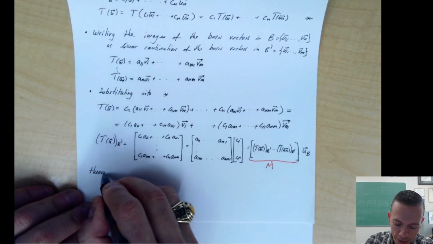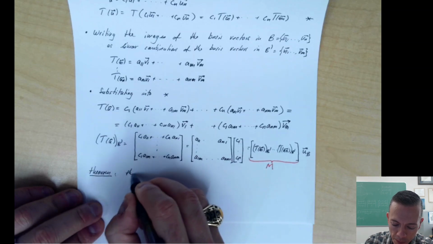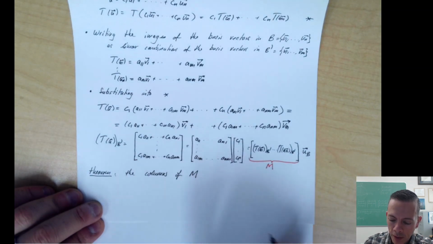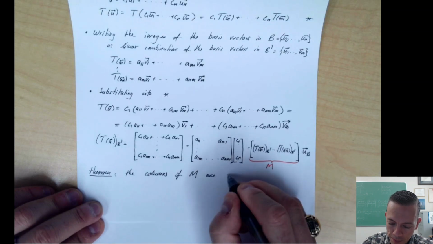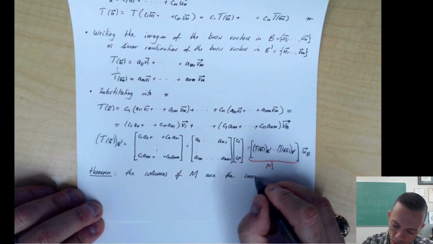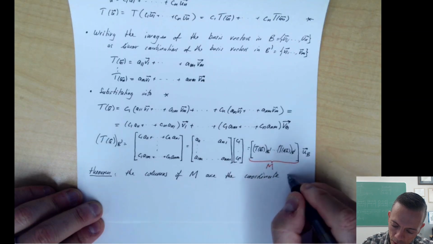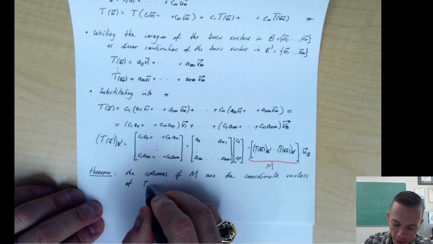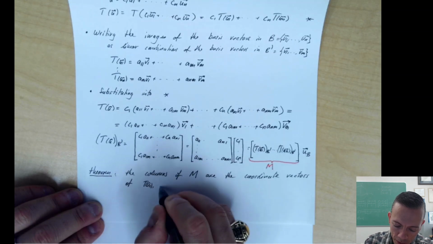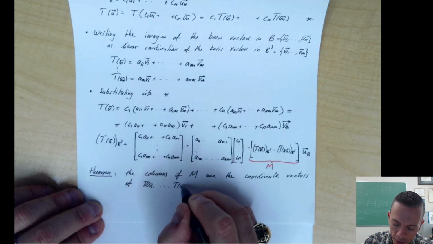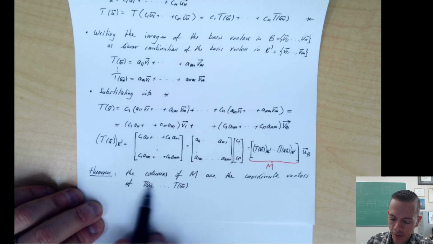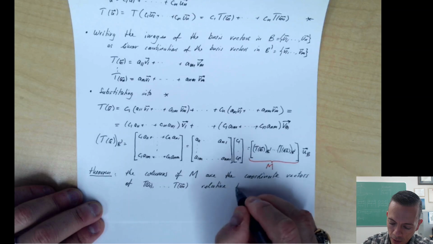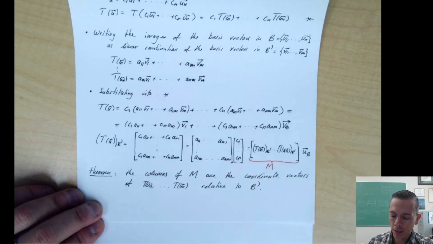So we can write this as a theorem. The columns of M are the coordinate vectors of T(u1) through T(un), so the images of the basis vectors of B, relative to B prime.